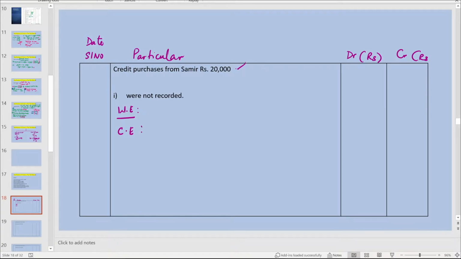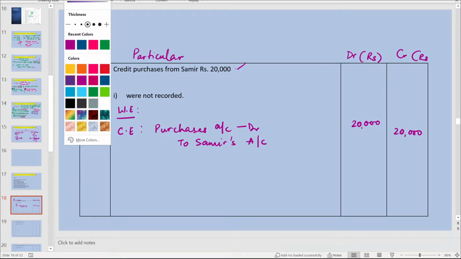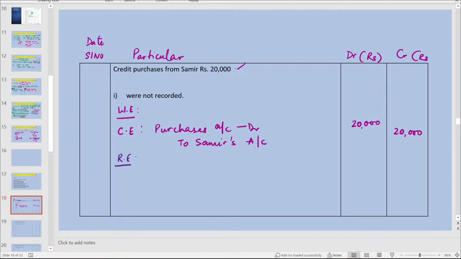The correct entry should have been purchases account debit to Samir's account, because he is your creditor, and the amount would be 20,000. All right, this is the correct entry, but it was not recorded. So the rectification entry that you are going to pass here is, I always write wrong entry, correct entry, rectified entry, or rectification entry.